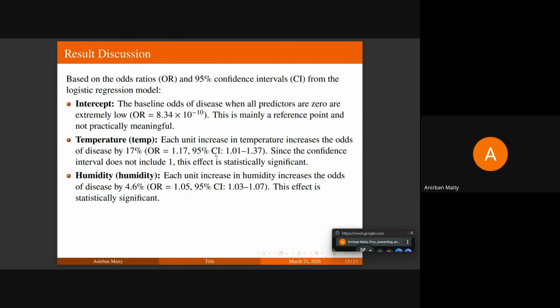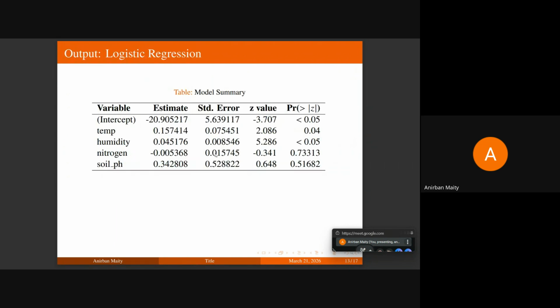This effect is statistically significant, because the p values corresponding to temperature and humidity are less than 0.05, since we tested at the 5% level of significance. For nitrogen and soil pH, the p value is greater than 0.05, which means nitrogen and soil pH have no significant effect on the disease outcome.